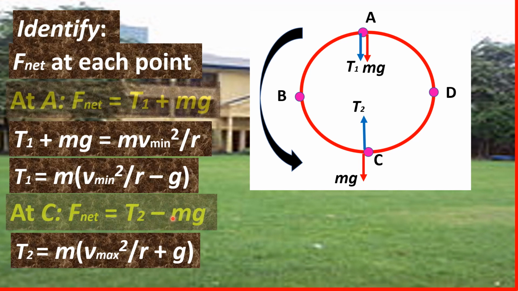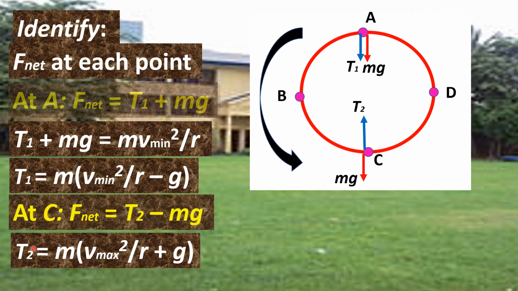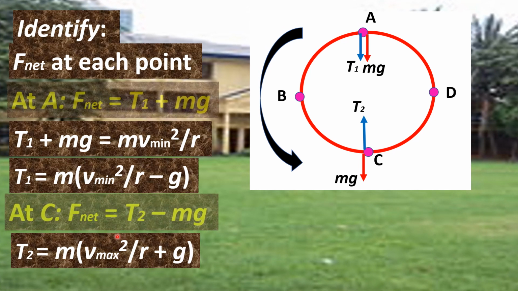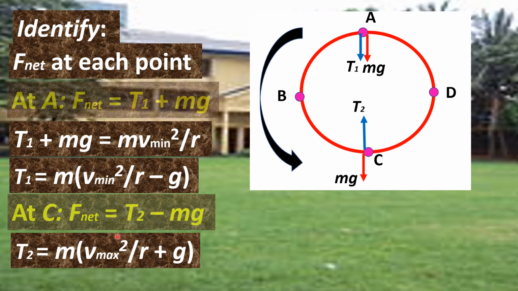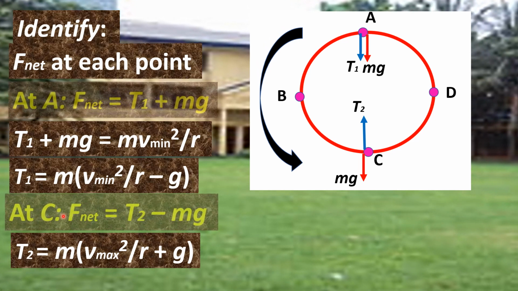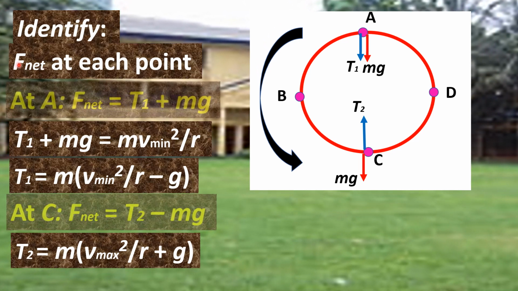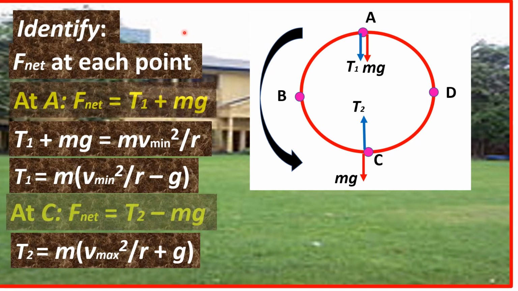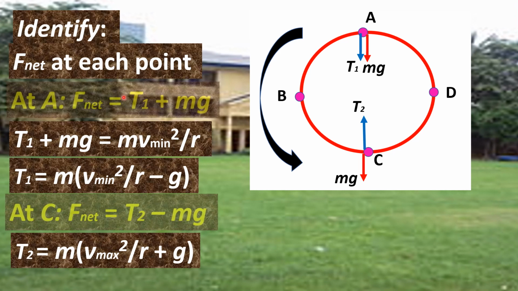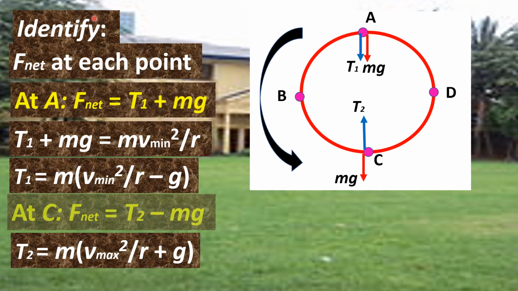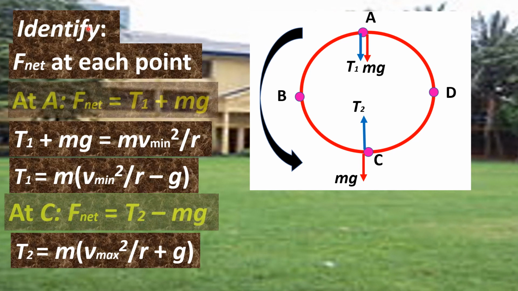And the other reason is the fact that for T sub 2, we are also considering the effect of adding the weight of the ball. Whereas in the equation for T sub 1, we are subtracting the weight of the ball. So that is how we are able to say that T sub 2 in fact is greater than T sub 1.